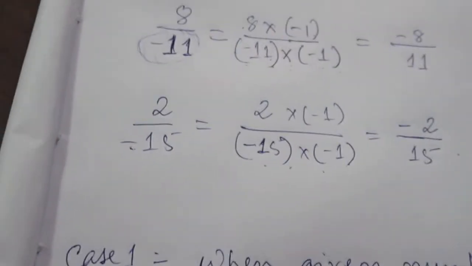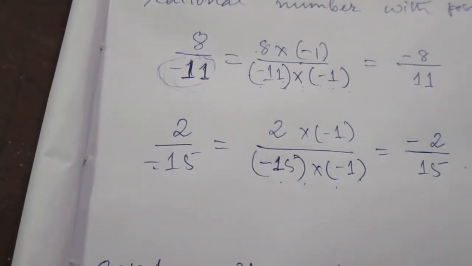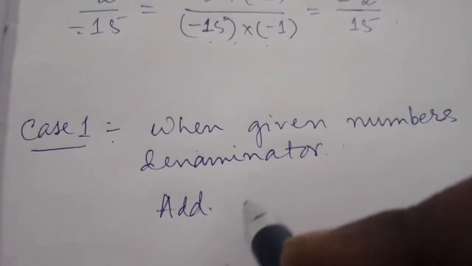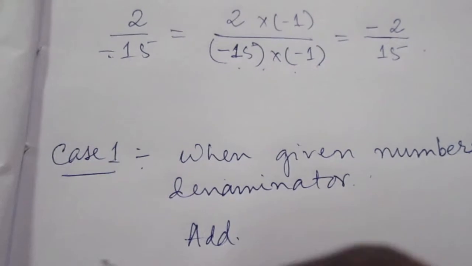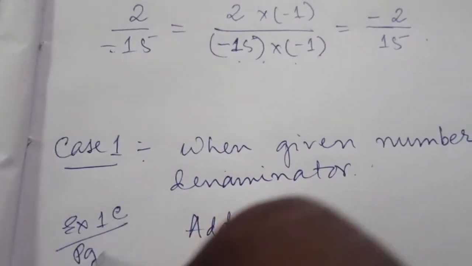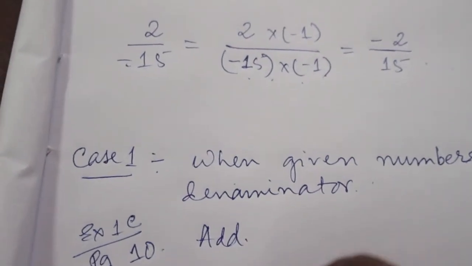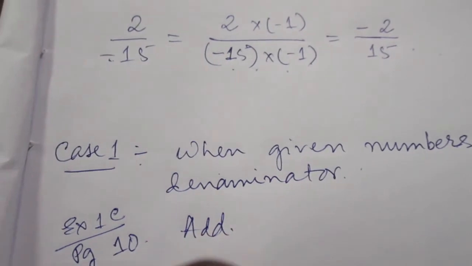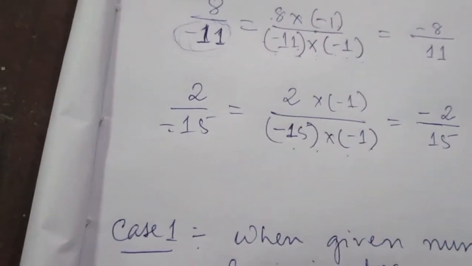Suppose it is given: add the following rational numbers. I have taken this from exercise 1C, page number 10, that you can find in your book, question number 1, Roman 5.